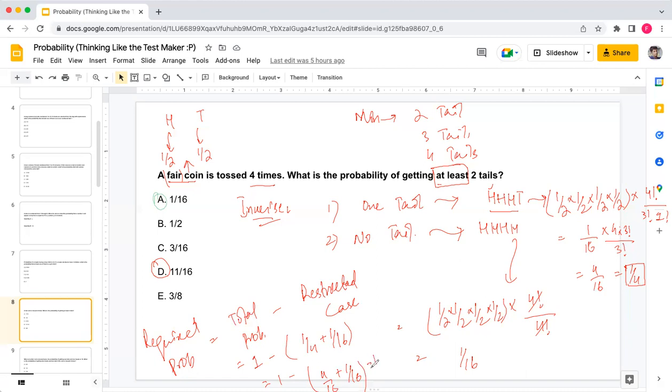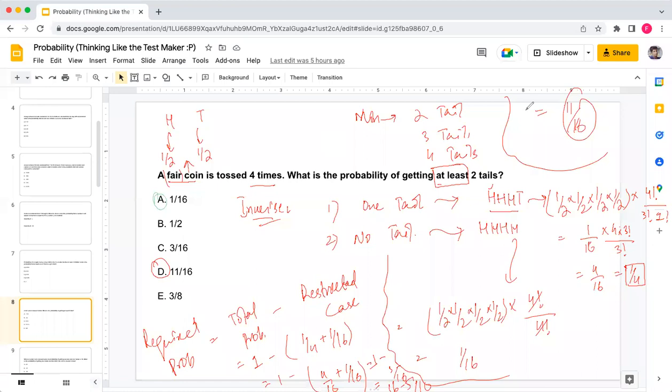This will be equal to 1 minus 5 by 16, which is equal to 16 minus 5 by 16, and this came out to be 11 by 16. Right? This is the inverse method in which I just subtract the restricted cases out of the total so that I can get the required cases.